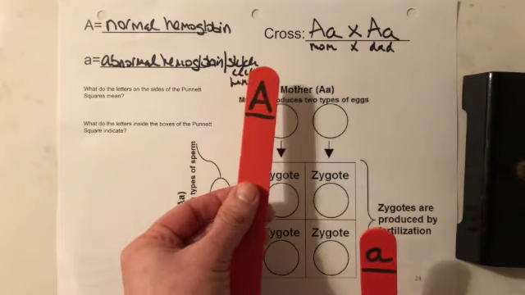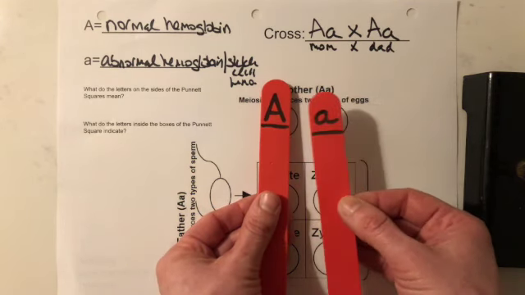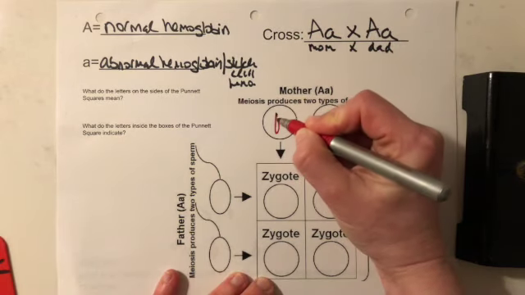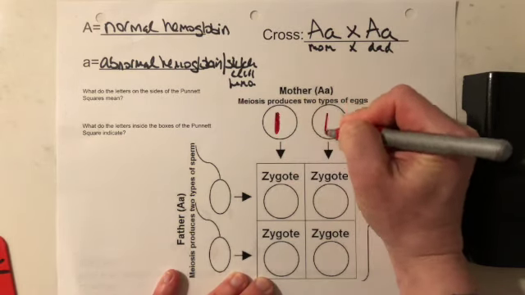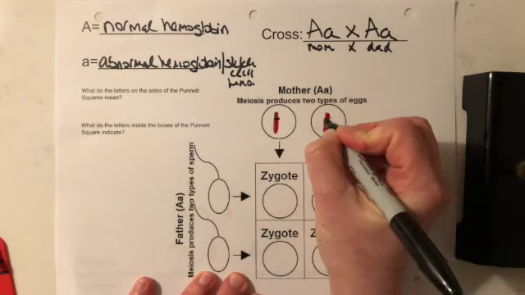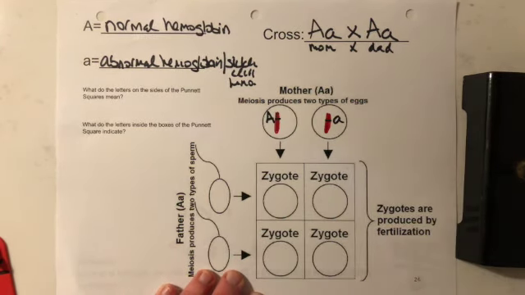So in one egg, she can give big A, and in her other type of egg would have little a. So what I want you to do is draw that chromosome in that egg there, and let's put the little line on it. Mom's egg could have a big A allele, or it could have a little a allele.